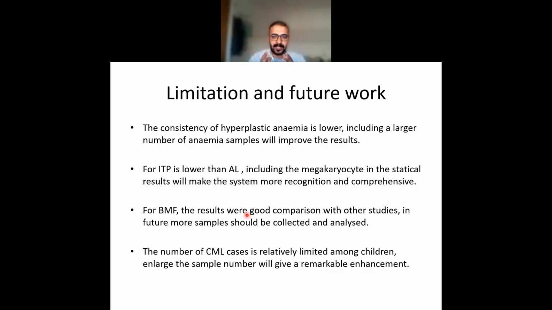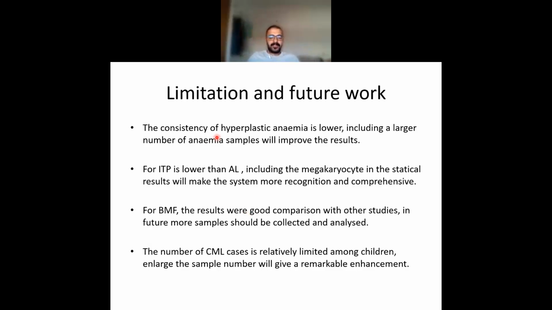For aplastic anemia, it is lower, and including a large number of anemia samples like iron deficiency anemia, megaloblastic anemia, hemolytic anemia, when they take more and different types of anemia, the results will improve.